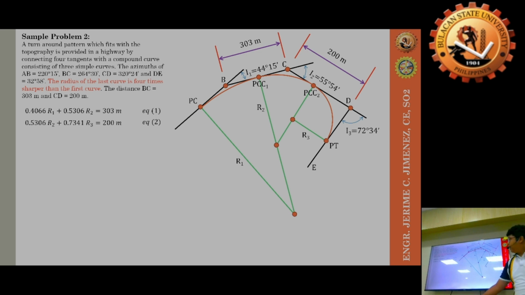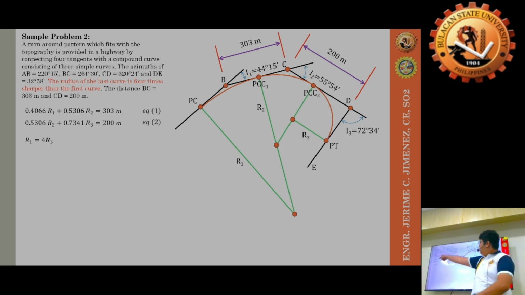How do you interpret that sentence? R3 is equal to 4 times R1? Okay, that is R sub 1 is equal to 4R sub 3.